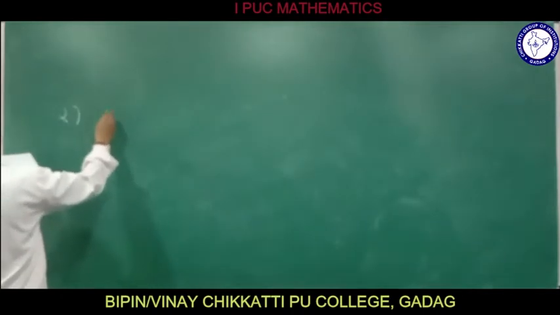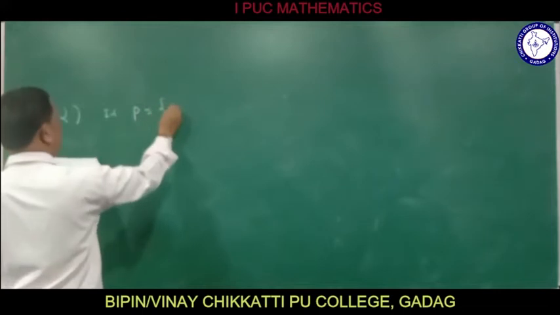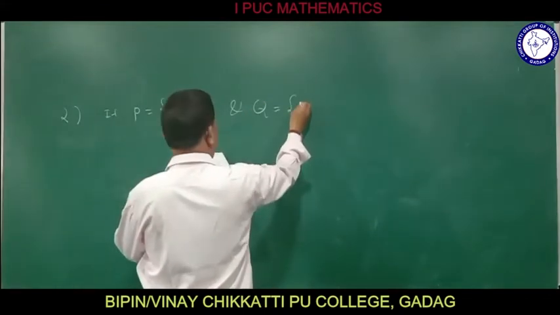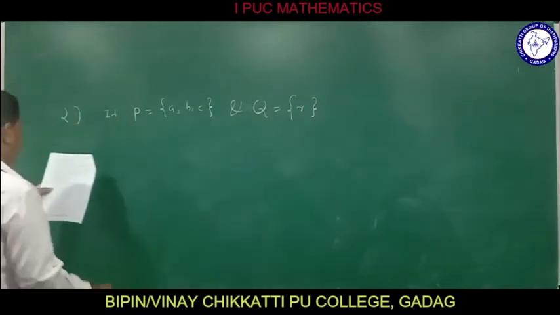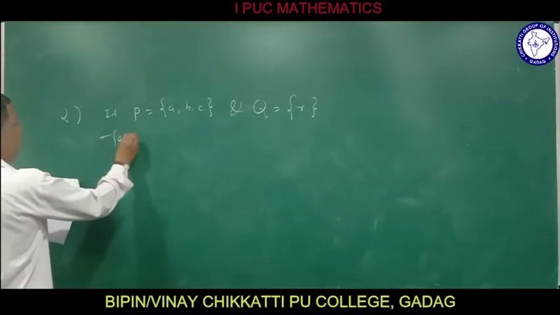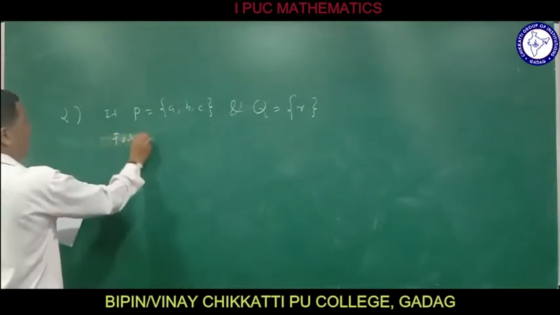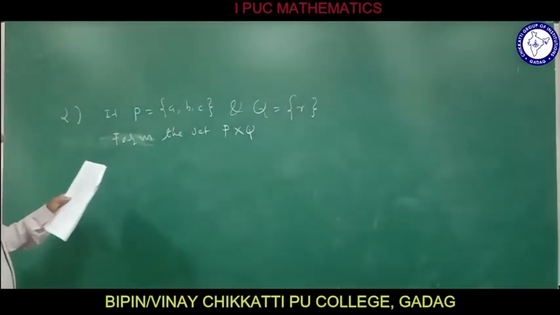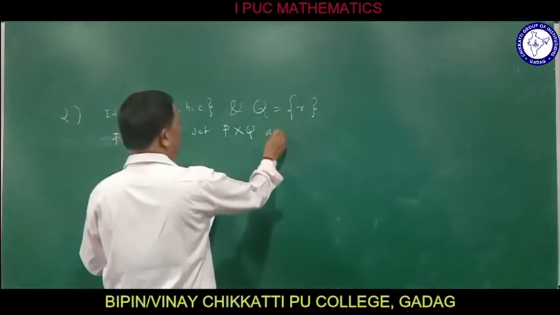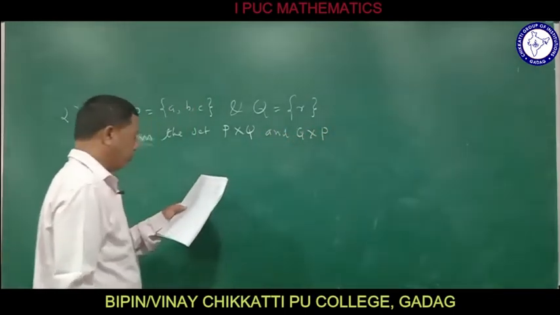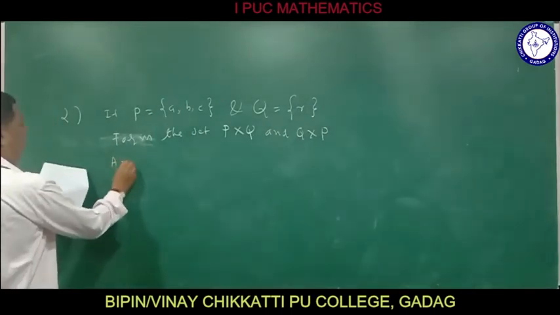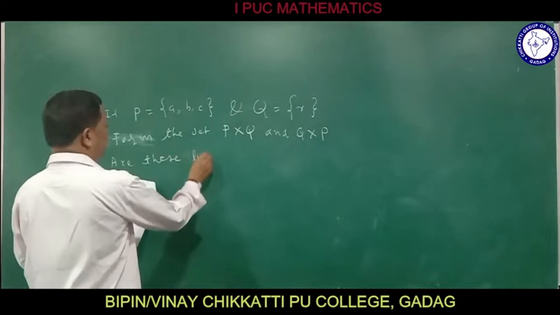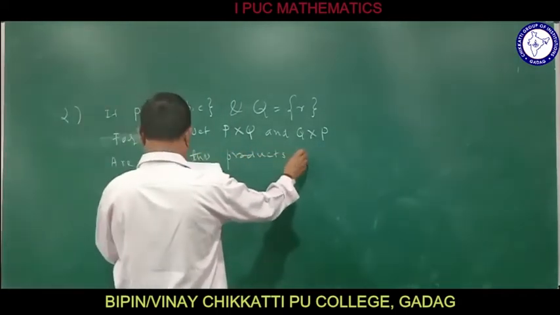Okay, now see the second problem. What is the second problem? If P is equal to {A, B, C} and Q is equal to {R}, form the set P cross Q, and not only that, Q cross P. Are these two products equal?